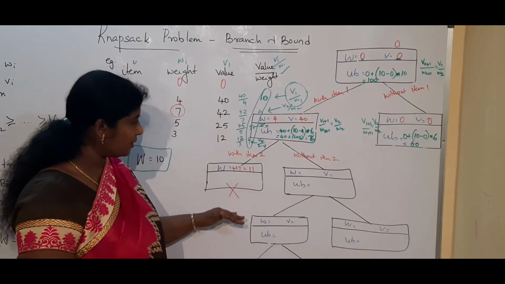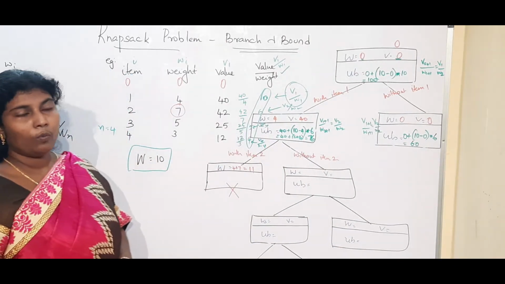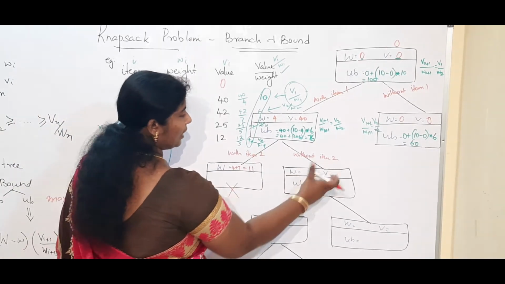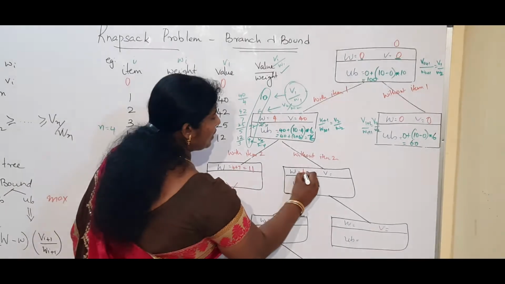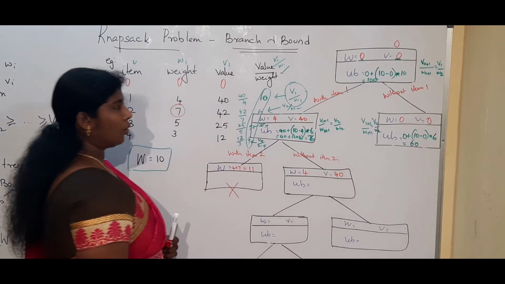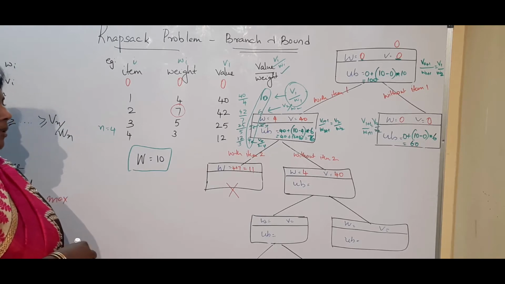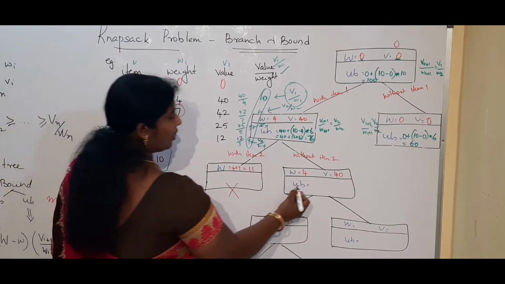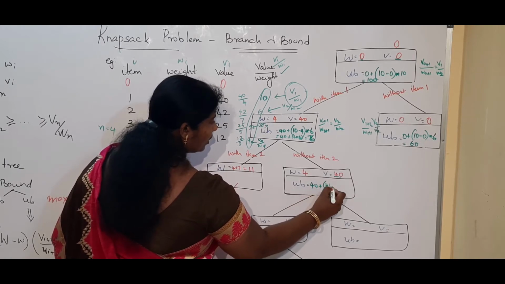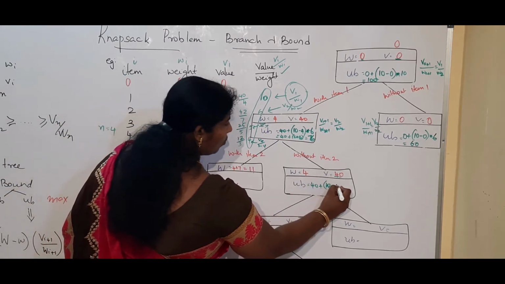Since we cannot go further in this, we stop at this level, saying that I cannot have my container filled more than 10, and now it is 11. We backtrack and get back to the path where we will get a solution. Here we are not adding the second item, so it is the same weight 4 and the same value 40. Now the value is 40 and W is 10, and I have this weight 4.